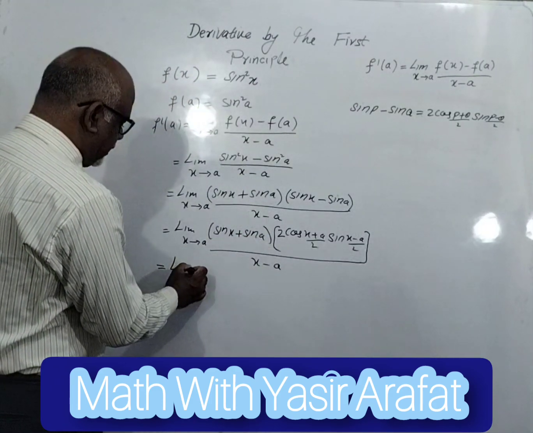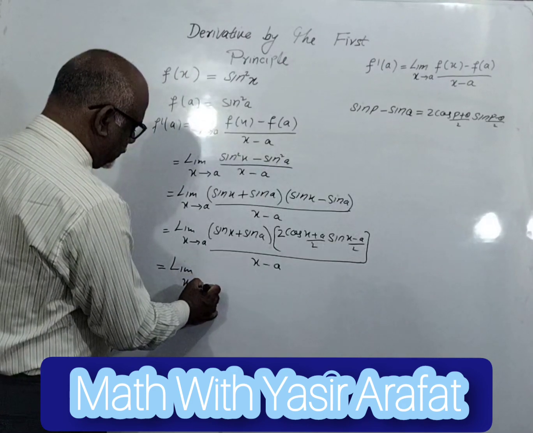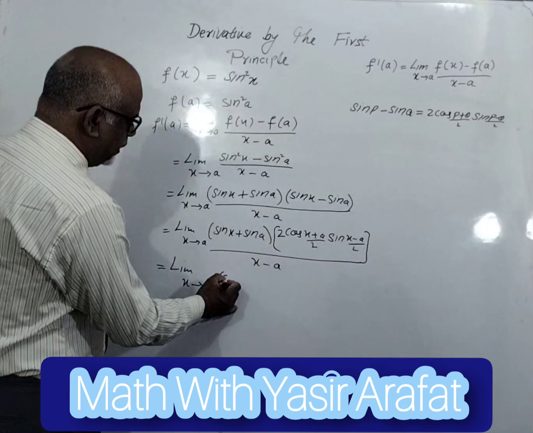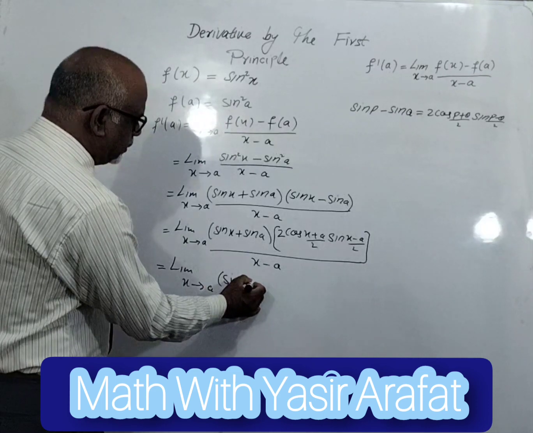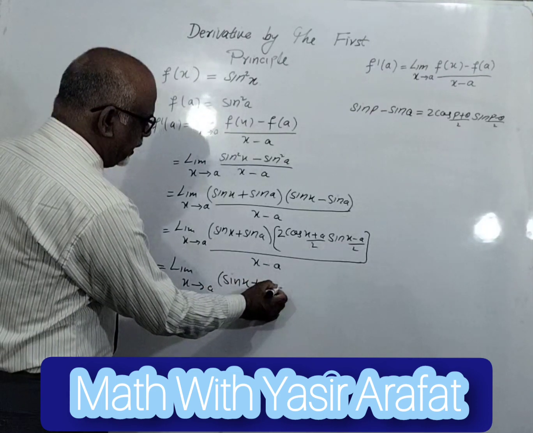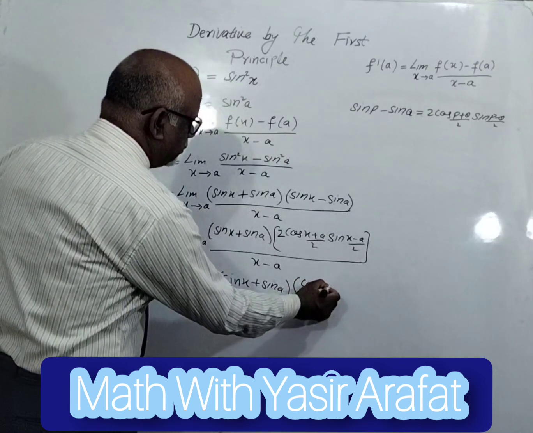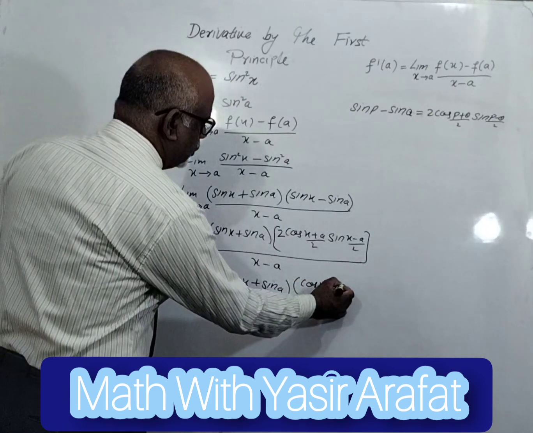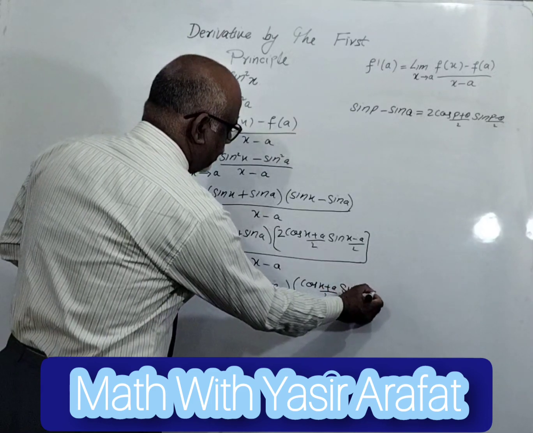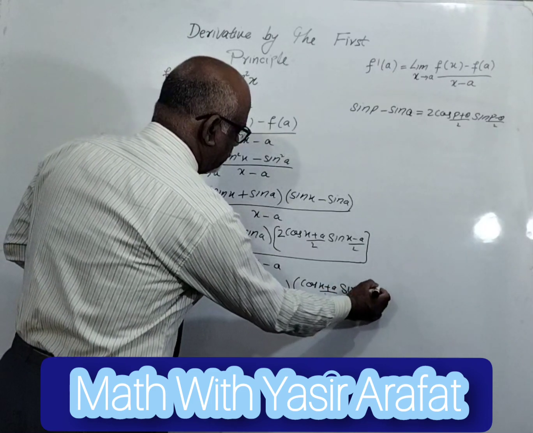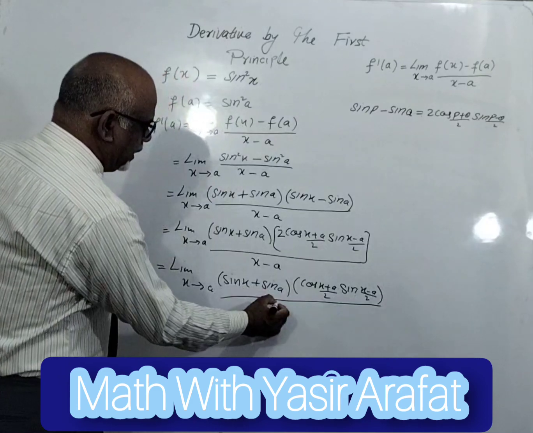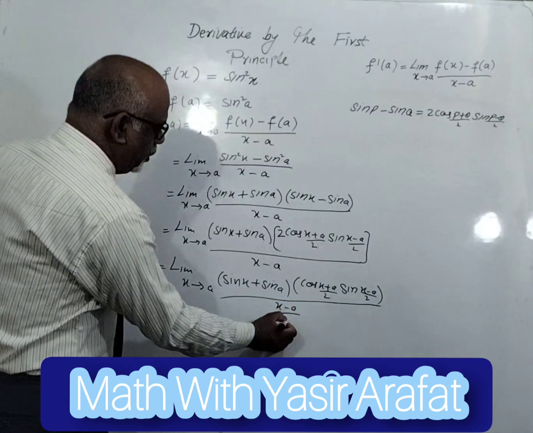So this is limit x tends to a, sine x plus sine a, cos of x plus a over 2, sine of x minus a upon 2, and this is x minus a over 2.